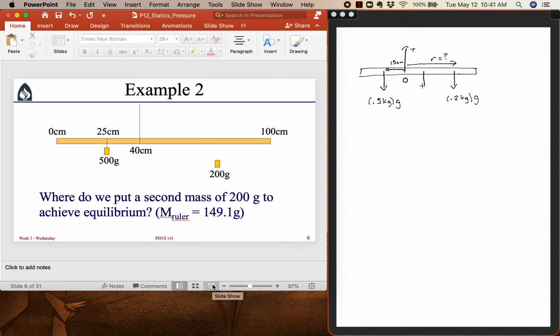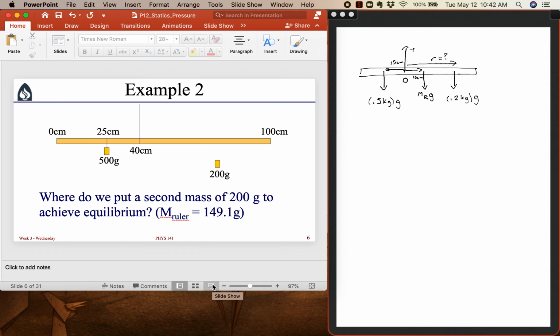So this would be the weight of the ruler exerting the torque about the origin, and this is going to be equal to the mass of the ruler times G. And the moment arm for the weight of the ruler, this distance, well, this is the 50 centimeter mark, and this is the 40 centimeter mark where the string is, and so that's going to be 10 centimeters for that moment arm.